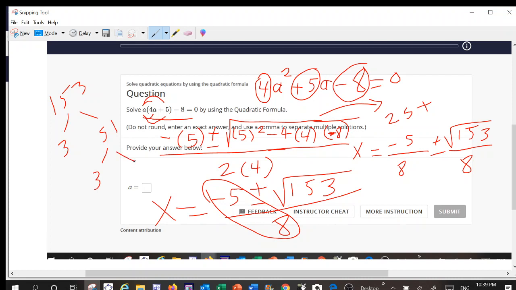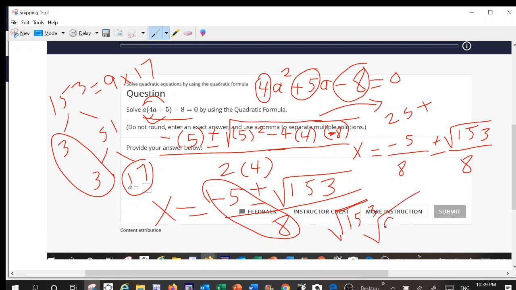It's 17, right? And 17 is a prime number, so this number is 9 times 17, right? So square root of 153 can be written as square root of 9 times 17, which is 3 square root of 17. So that can be written as 3 square root of 17.